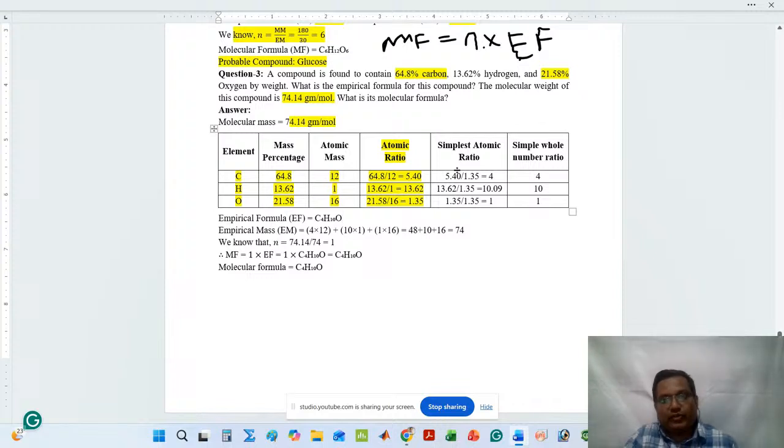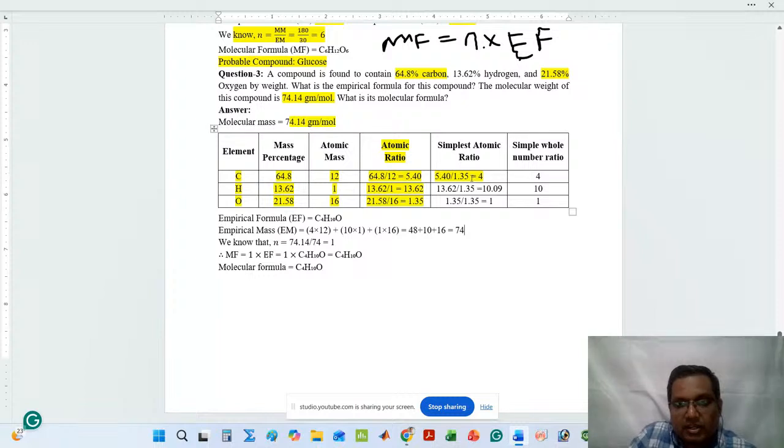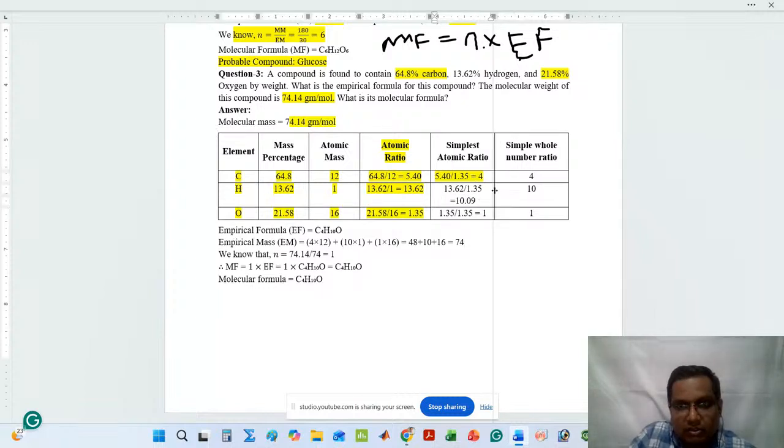So here you can write 5.4 divided by 1.35, which is equal to 4. Similarly, 13.62 divided by 1.35 is equal to 10.09.